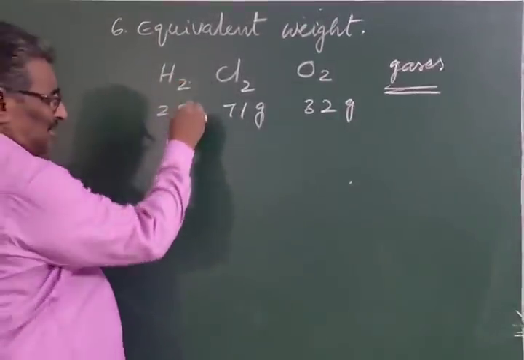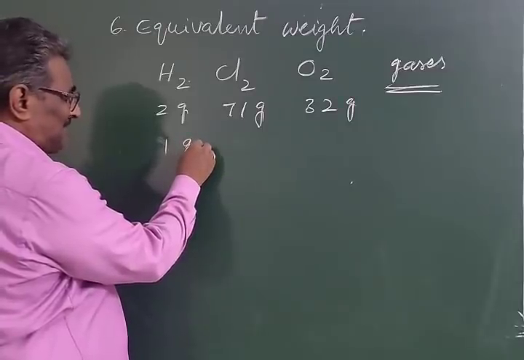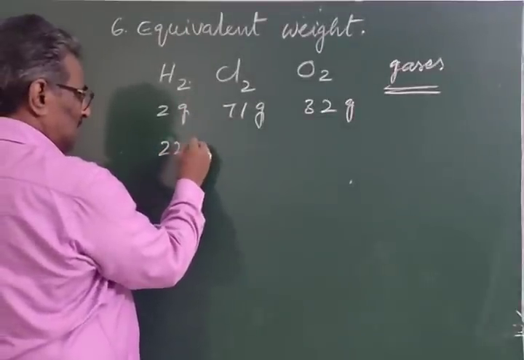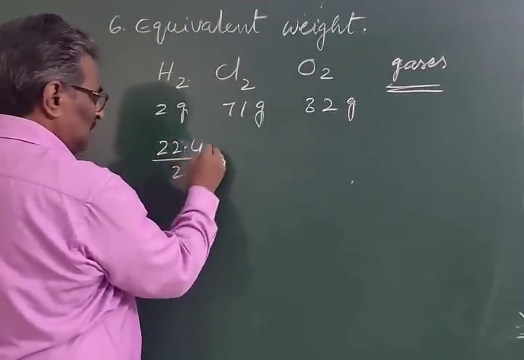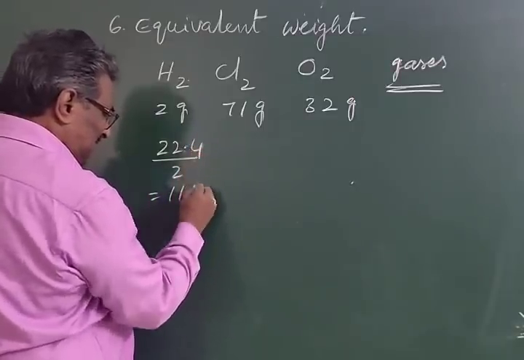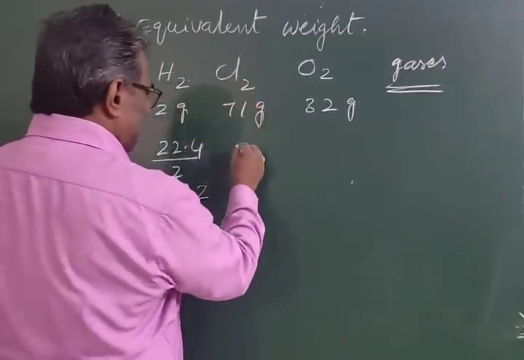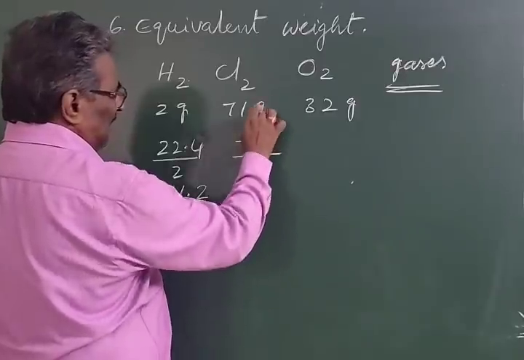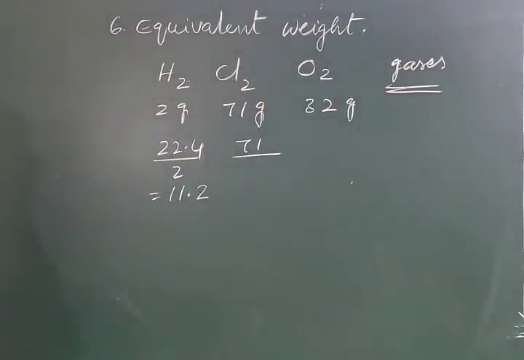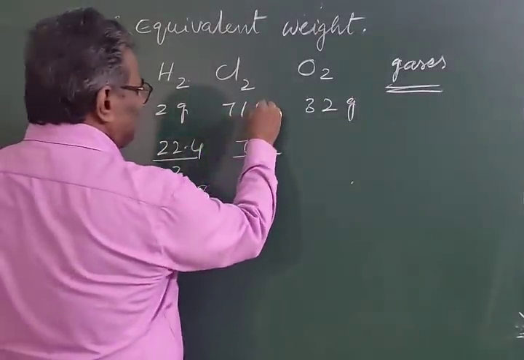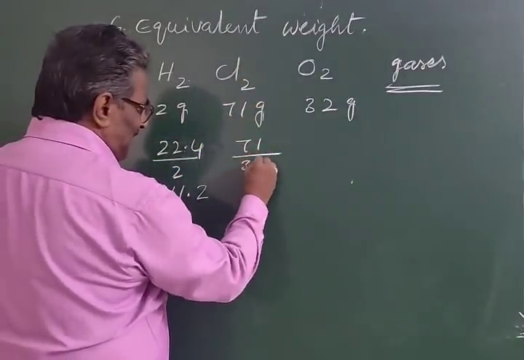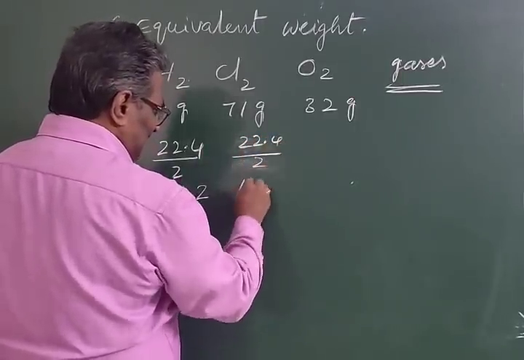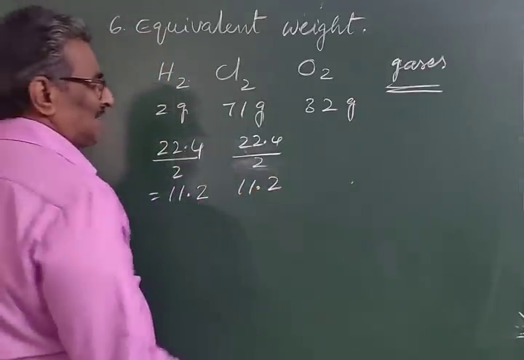The volume of hydrogen that weighs 1 gram is equal to 22.4 by 2, that is equal to 11.2 liters. In the same way, the volume that weighs 71 by 2, 35.5 grams of chlorine, is 22.4 by 2 again, that is also 11.2 liters.